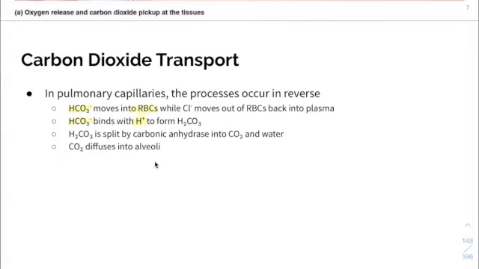Then that carbonic anhydrase is going to take that carbonic acid and make it into carbon dioxide and water. Carbon dioxide will then diffuse out of the blood cell, out of the capillary, and into that alveoli.